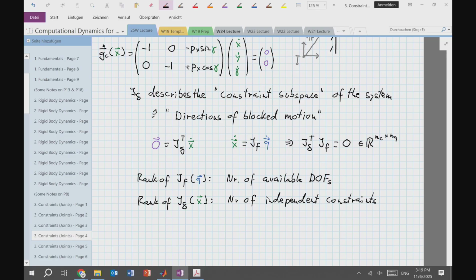Going back to this puzzle, if I would generate this matrix JG, it would have 5 rows for every individual joint. 5, 5, 5, 5. So I would get a matrix that has 20 rows. But if I would compute the rank of this matrix, it would only have a rank of 17.